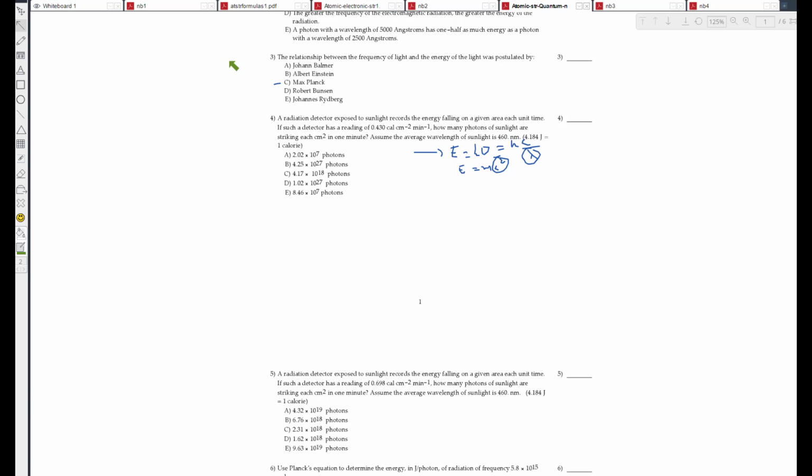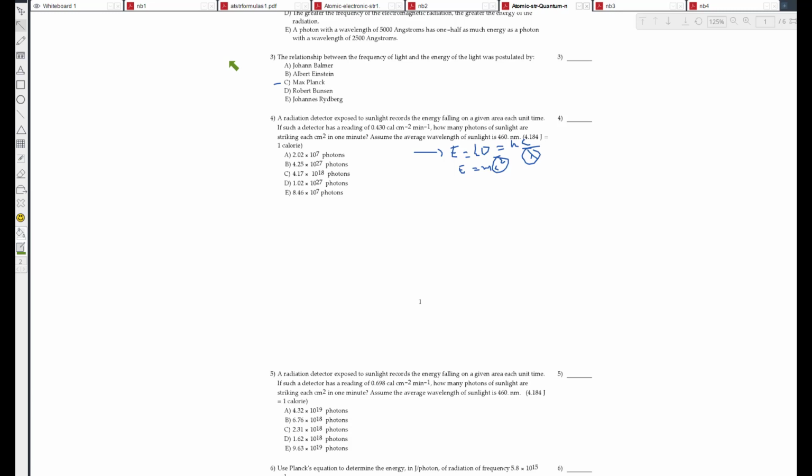What about the next one? Question 4. A radiation detector exposed to sunlight records the energy falling on a given area each unit time. If such a detector has a reading of 0.430 calories per centimeter squared per minute, how many photons of sunlight are striking each cm squared in 1 minute?